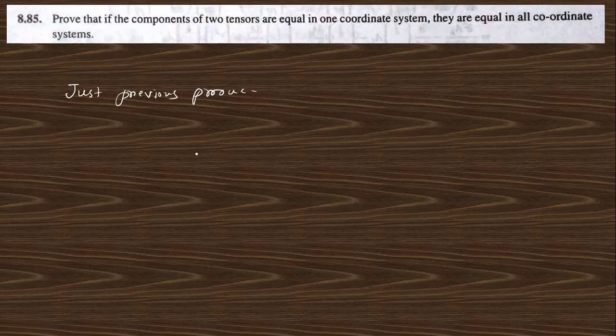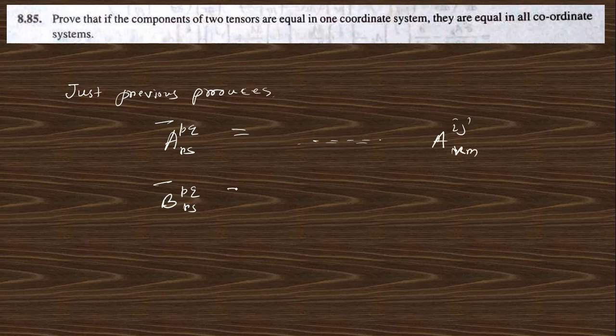This is the same as the previous process. Take A p q r s and another B p q r s, so you can write here A i j k m and similarly B i j k m. If these two are equal, then obviously these two are also equal.